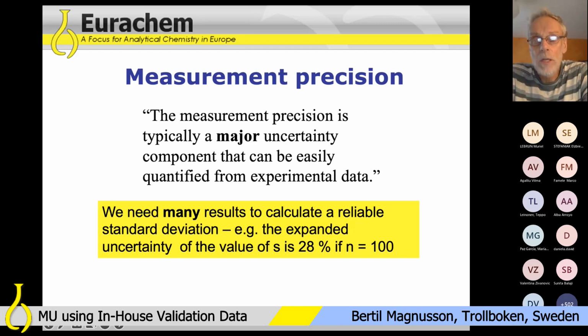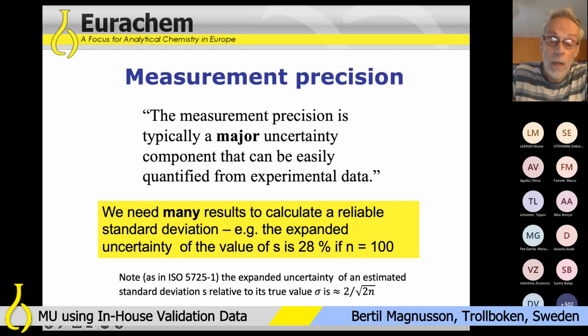So it is extremely difficult to calculate a standard deviation. So we need many data. That is the first thing we need to remember. There's an ISO standard that actually has a formula for how to calculate the uncertainty, not of the result, but of the obtained standard deviation.